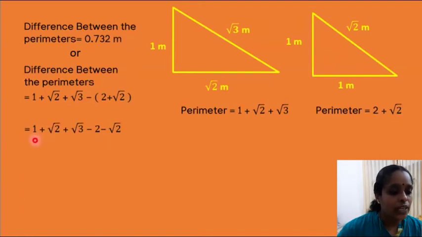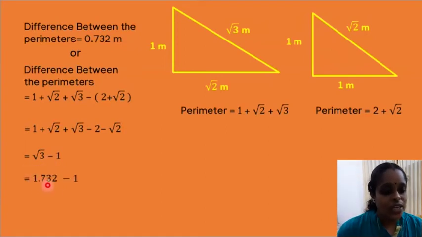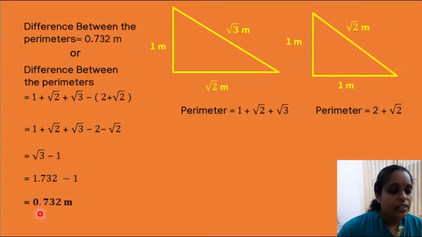So we get root 3 minus 1. And here I give the value of root 3, that is 1.732 minus 1, and this is equal to 0.732. Here also I get the answer 0.732, and first we calculated and got the answer 0.732. So this is another method of calculating the difference between the perimeters.